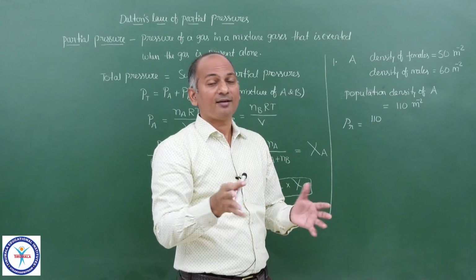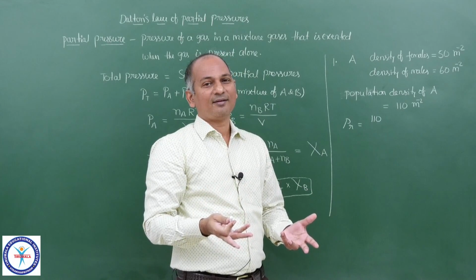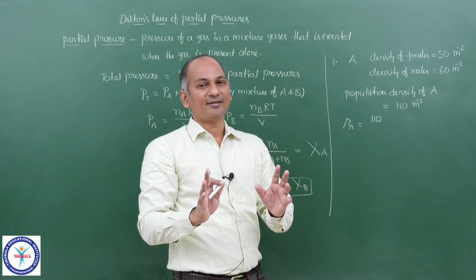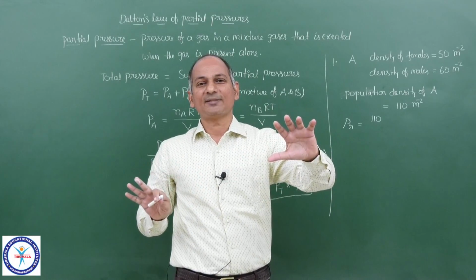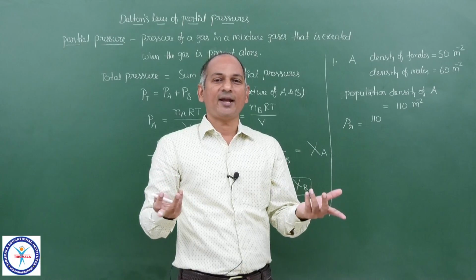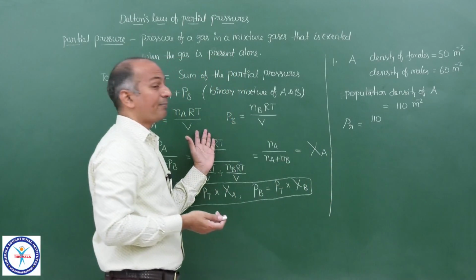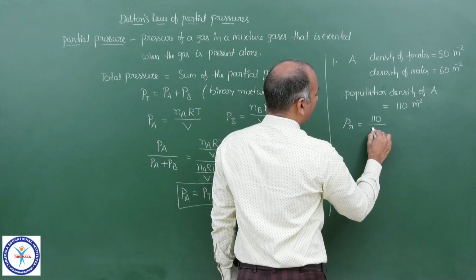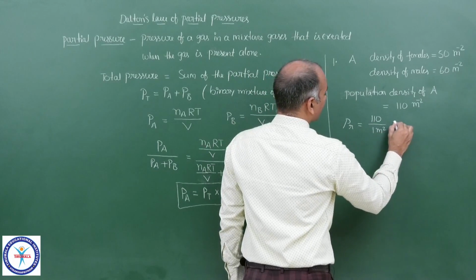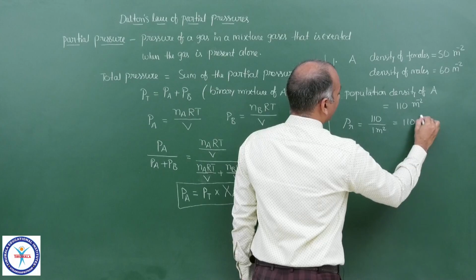What is the total area? Meter square only, because area is not getting added. In the same area, density of females, density of males, and what is the overall density? You can add. The same is the case with pressure also. Now let me explain that actually. So 110 upon 1 meter square, that is equal to 110 per meter square.